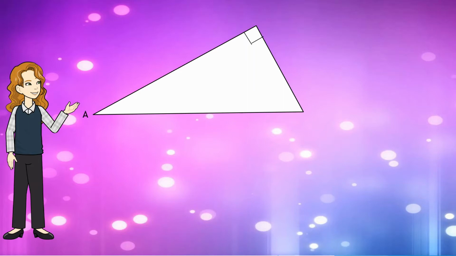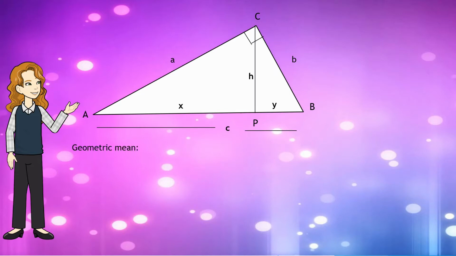Suppose we have triangle ACB, right angle at C, and then we have the altitude segment CP. We have side A and side B for the legs, and our altitude is segment H. Then we have side X and side Y. When we combine X plus Y, we have side C.